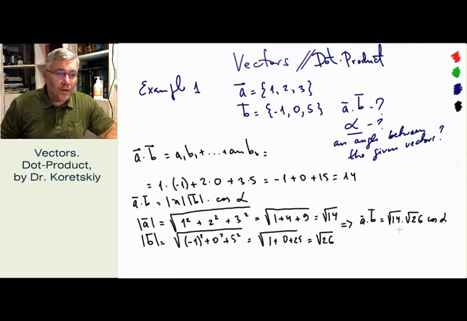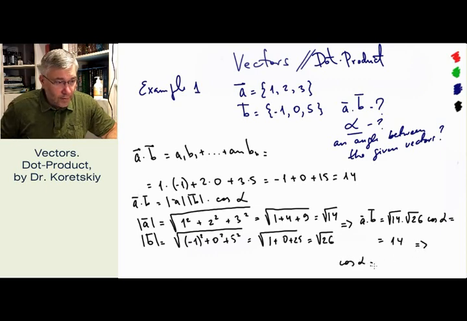So A dot B gives the square root of 14 times the square root of 26 times cosine alpha. We don't know cosine alpha, but this expression equals 14, because we evaluated the value of the dot product previously, and this formula gives you cosine alpha equals 14 over the square root of 14 times the square root of 26.